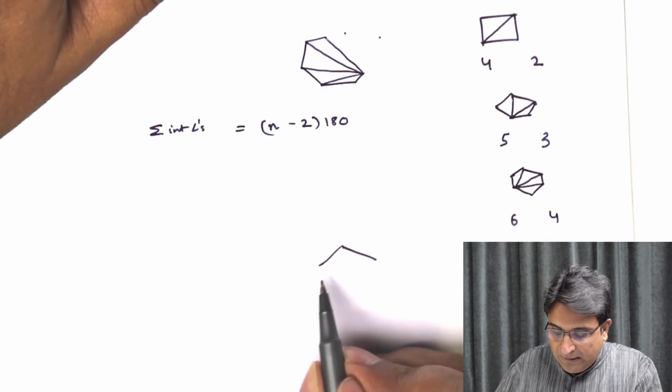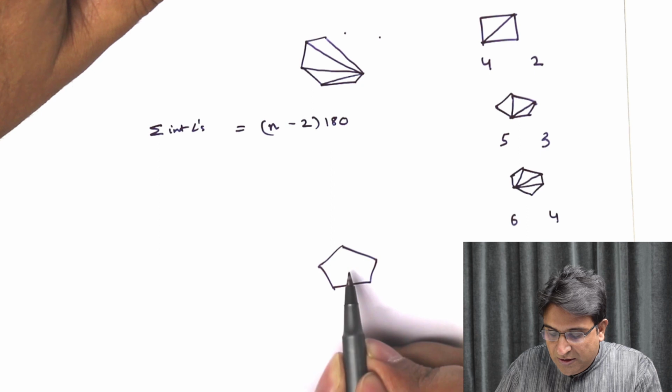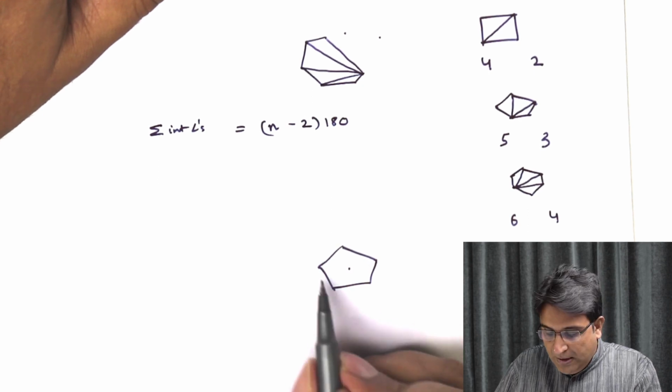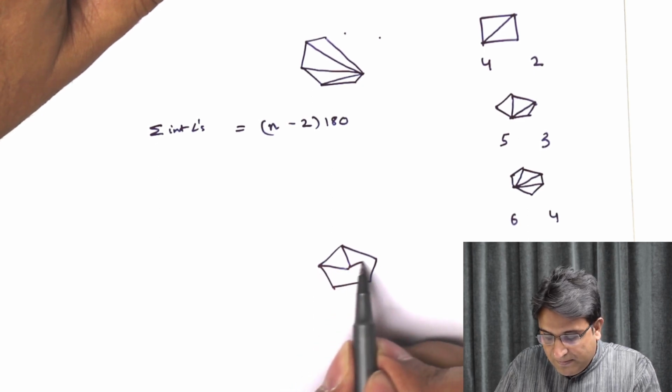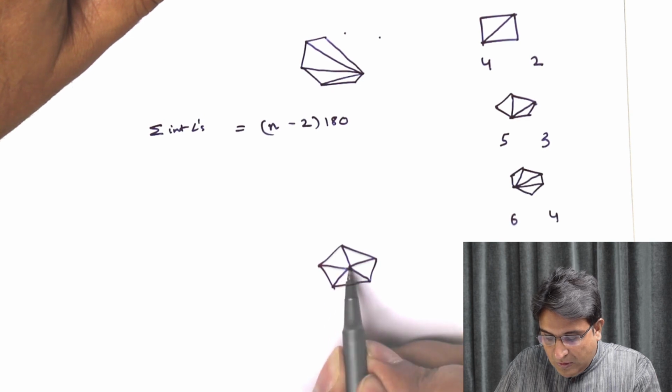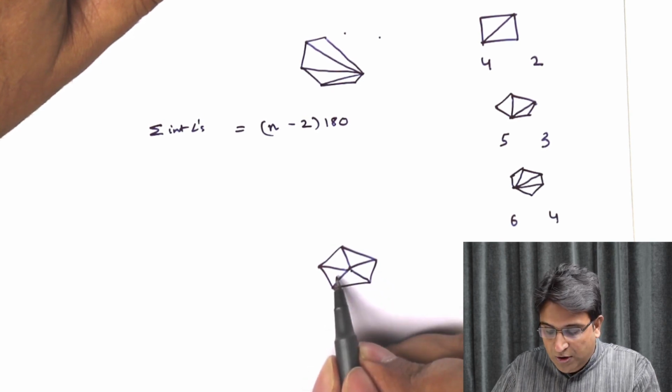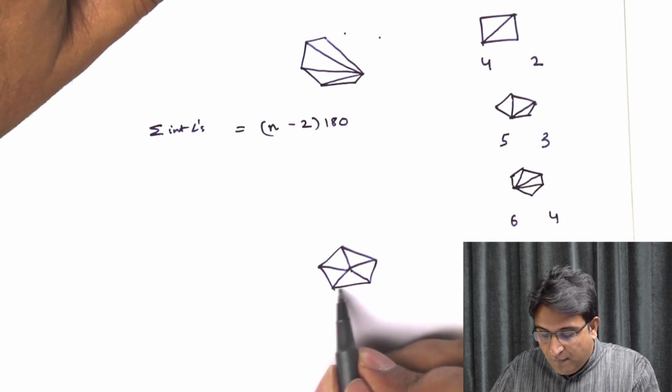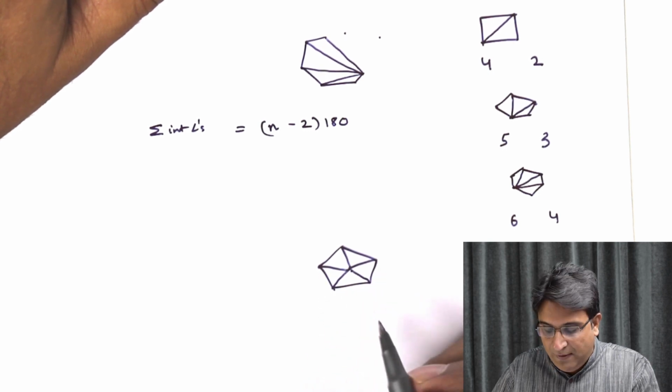Let's say there is a pentagon. Now just take some point in the middle, any point, and just join all the vertices. So now you'll get 1, 2, 3, 4, 5 triangles. So 1 triangle for every side that you have.